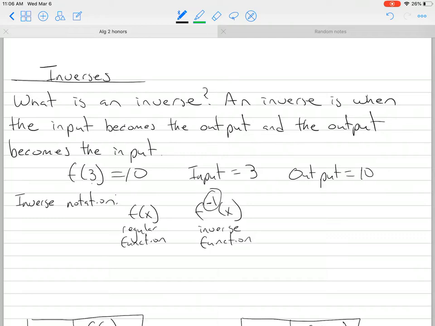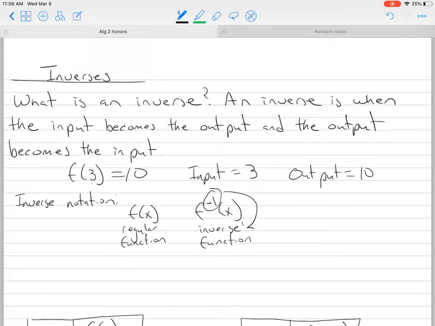So this negative 1 is how you show that it is actually an inverse, okay? So for this f of x, if I ask for the inverse, I would be flipping the input and the output, okay?